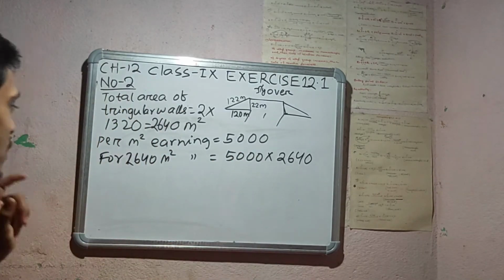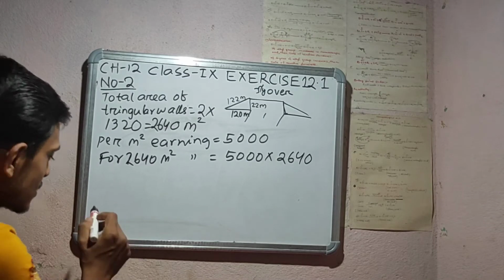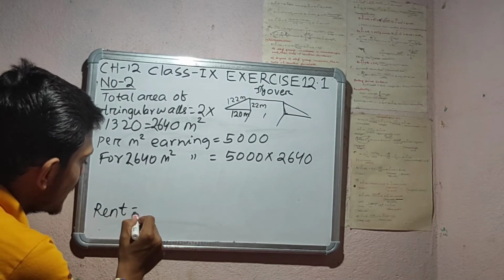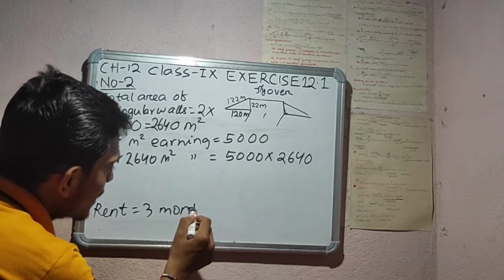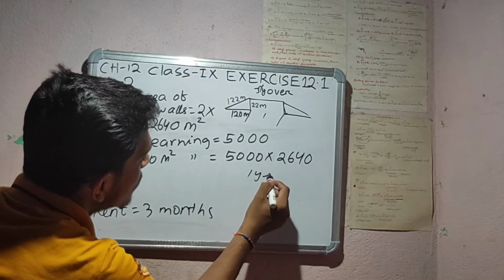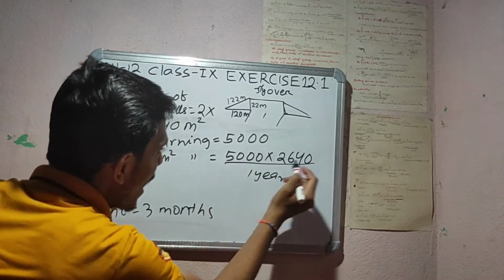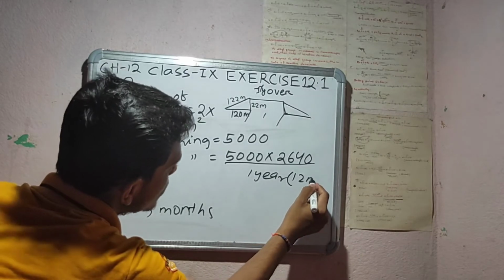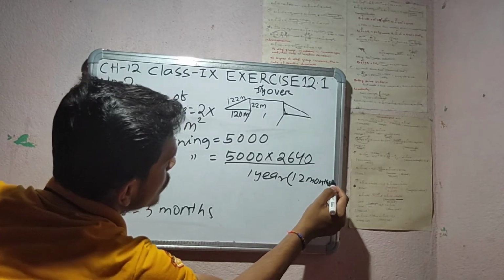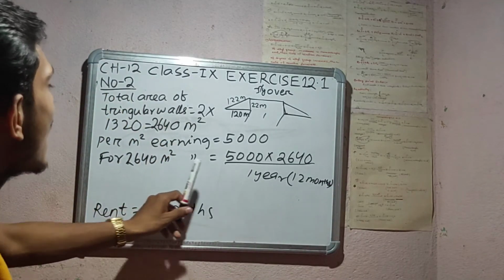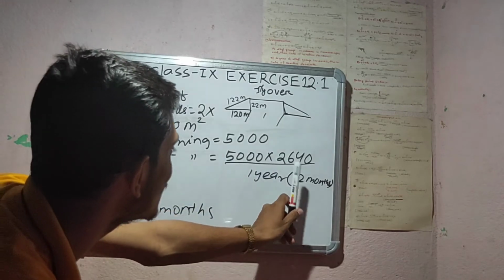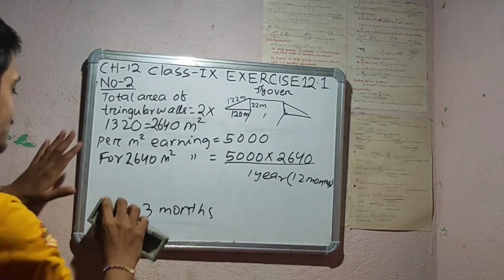Okay, but the rent is for 3 months. Rent is for 3 months, but this is for 1 year. This amount is for 1 year. So 1 year means 12 months. So this is the earning for 1 year, meaning the earning for 12 months.